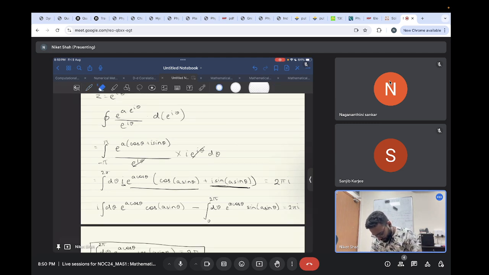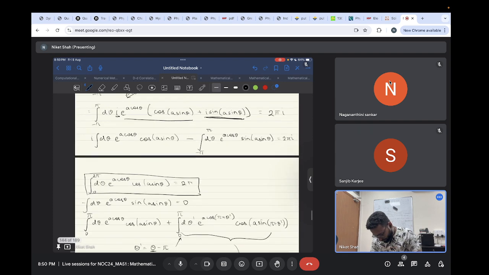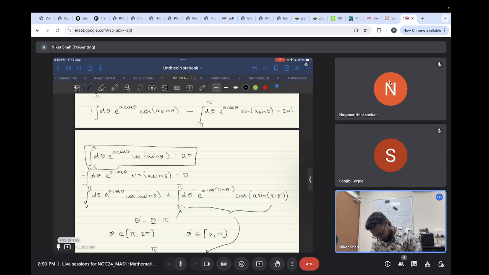So again, let's keep on doing that only. Minus pi to pi. So here it's 0 to pi, and here the difference would be that I want to go from minus pi to pi.